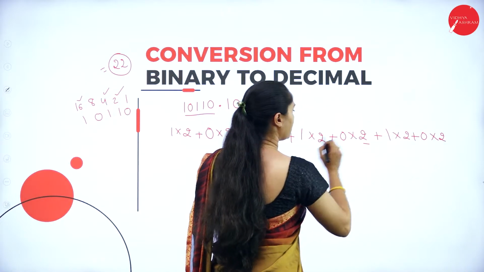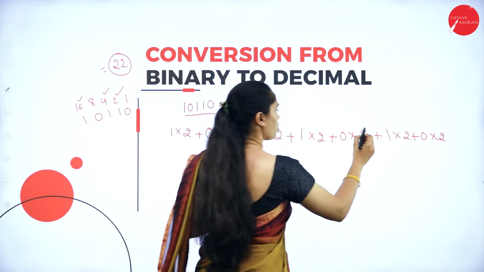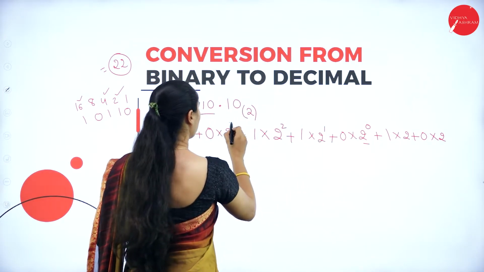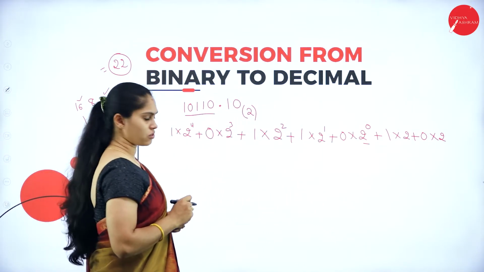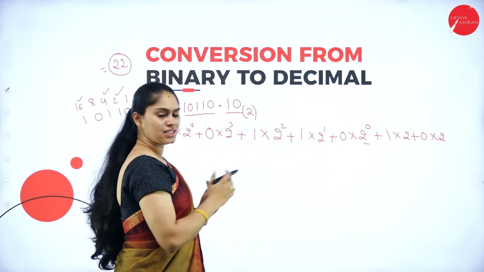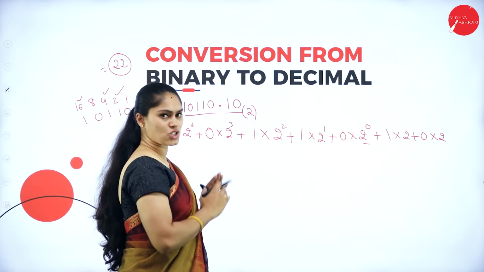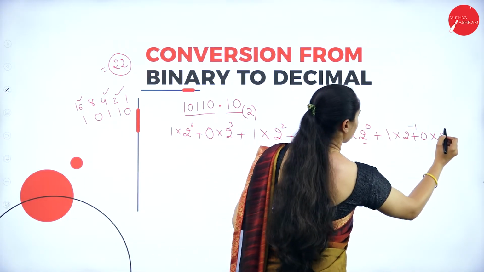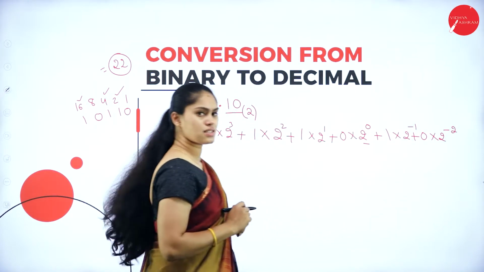So, till here, this is the integral part. So, I need to give a weightage from here: 2 power 0, 2 power 1, 2 power 2, 2 power 3, 2 power 4. Fine. Then, after the binary point, what we have is considered as the fractional part. For that we have to give a negative weightage. So, it will be 2 power minus 1, 2 power minus 2.